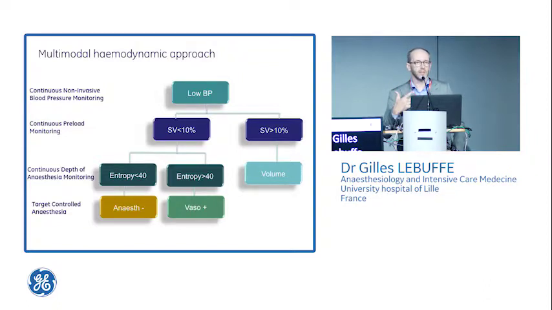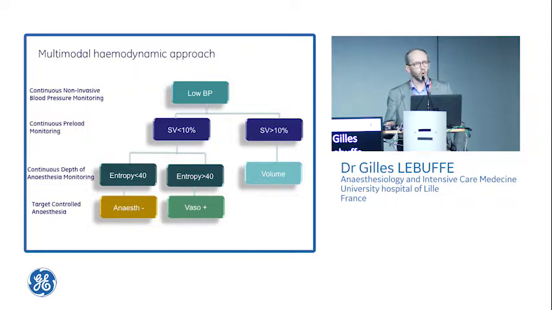And so you need in this high-risk surgical patient cardiac output measurements. If your stroke volume increases greater than 10% with your fluid challenge, so it is preload dependent. Otherwise, it's preload independent. So why does this patient have a low blood pressure?